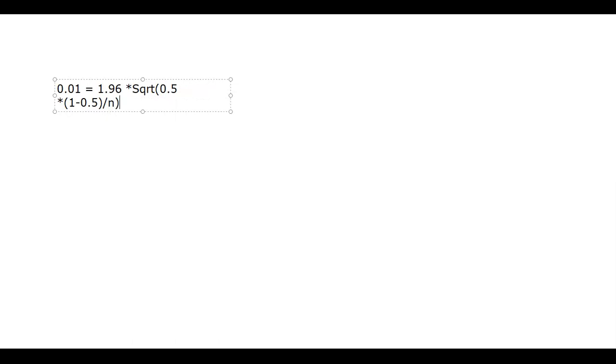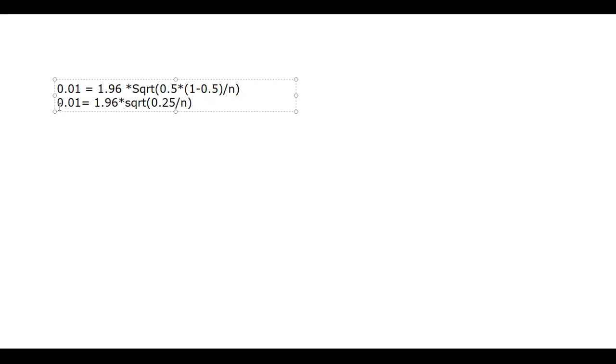So we're trying to solve for n. This piece here is just 0.5 times 0.5, which gives you 0.25. So we get 0.01 is equal to 1.96 multiplied by the square root of 0.25 over n.